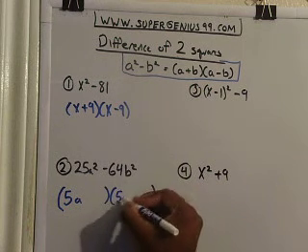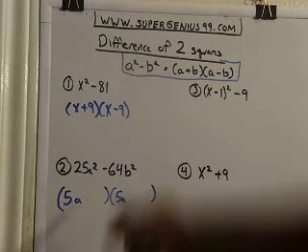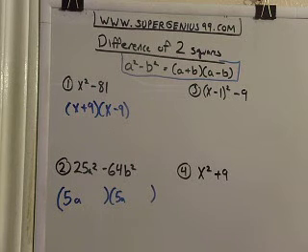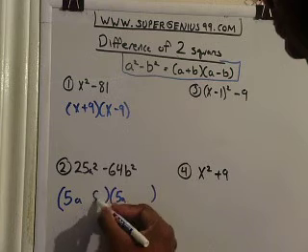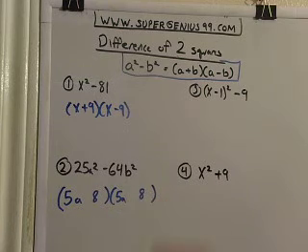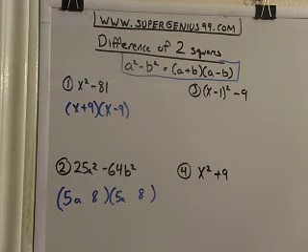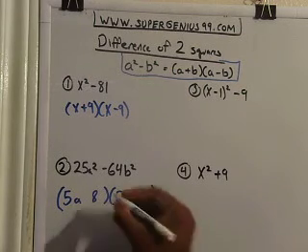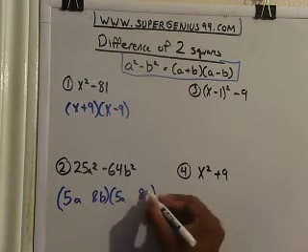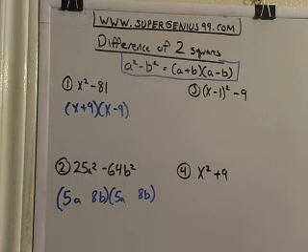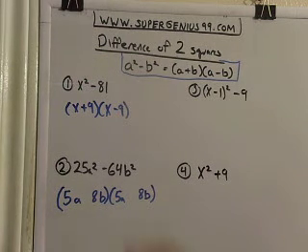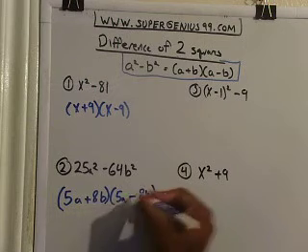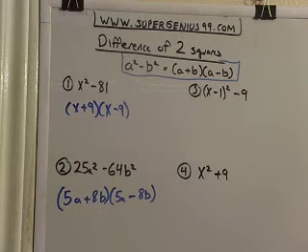Put a 5a there. And then, is there any number squared that gives us 64? Yes, it is. 8 times 8. What number or letter squared gives us b squared? Well, obviously b. And then you just put a plus and a minus in the parentheses, and you're done.